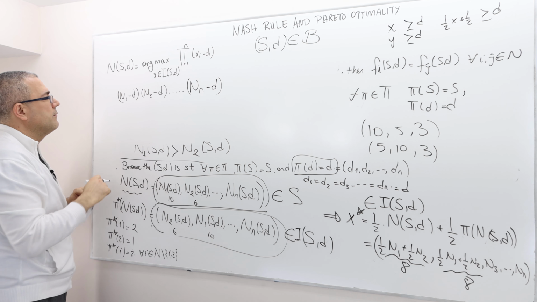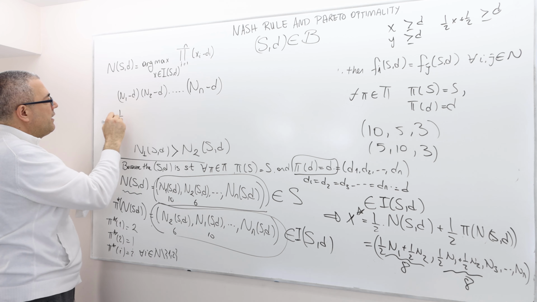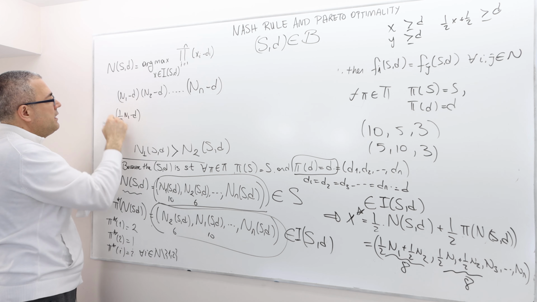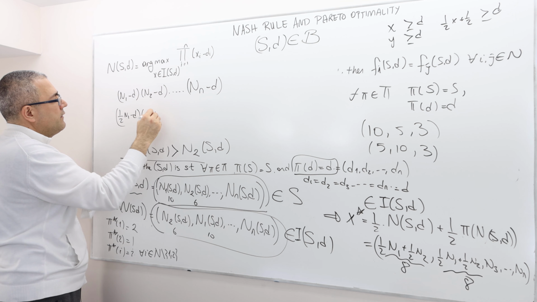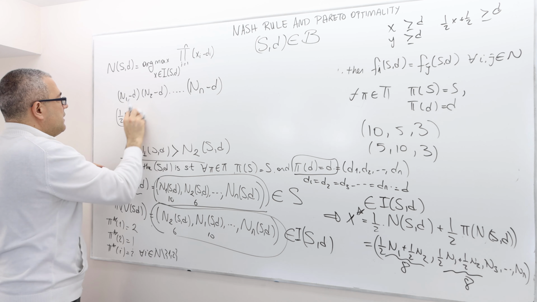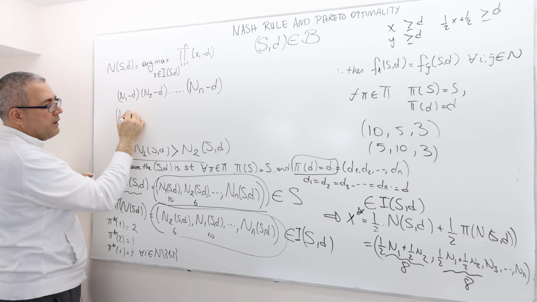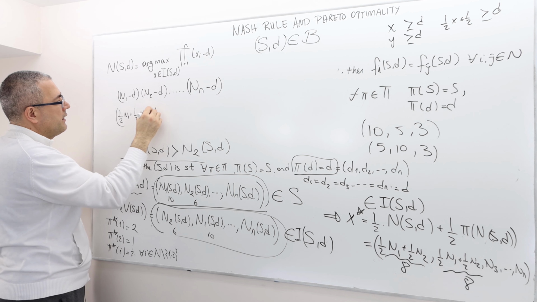The d's are the same. On the other hand, I have 1/2 n1 minus d, 1/2 n2 minus... I have this. So 1/2 n1 plus 1/2 n2 minus d, right?